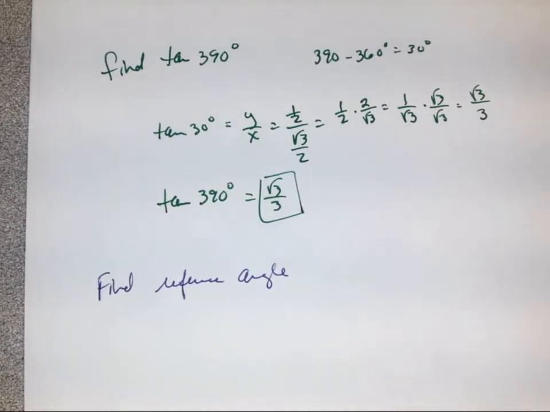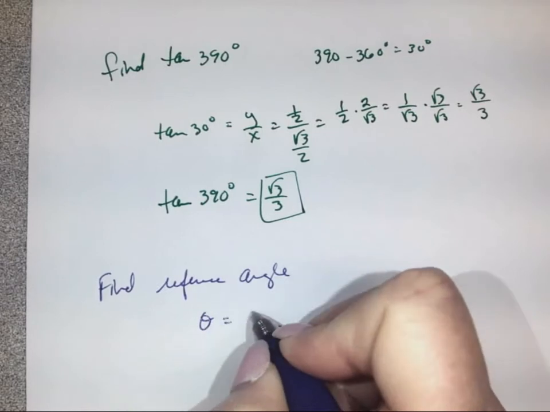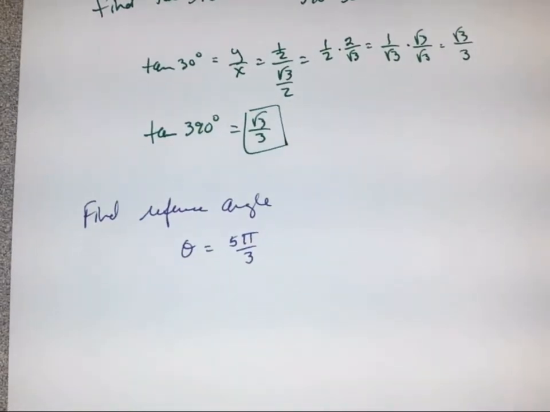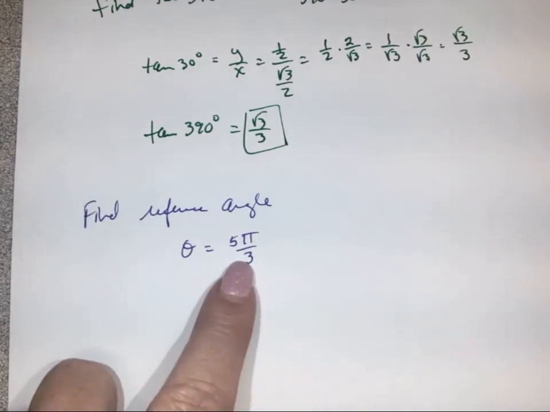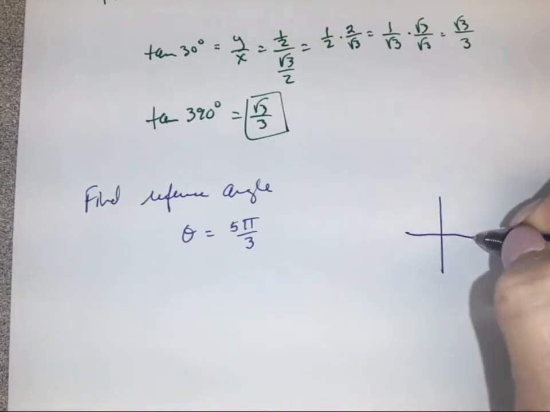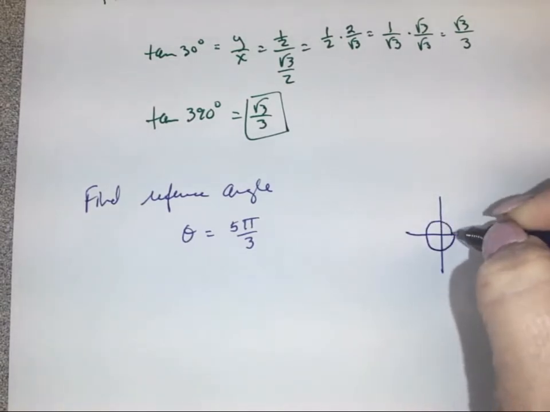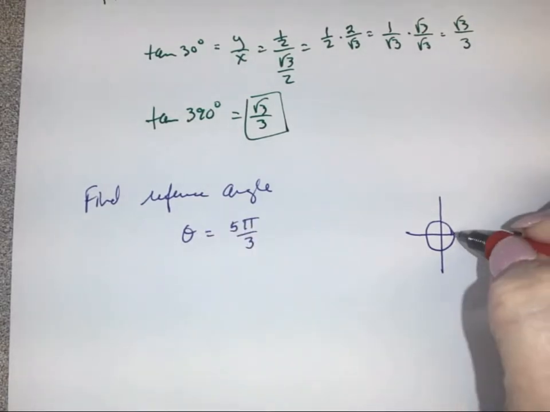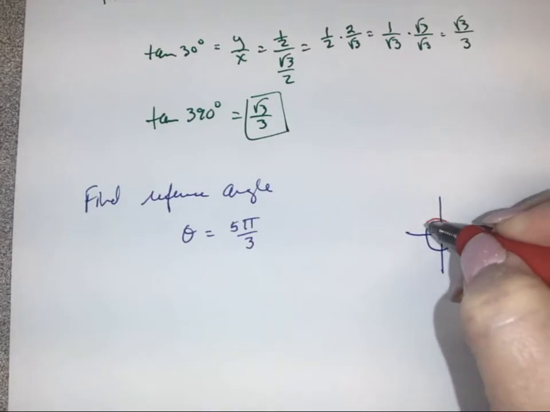So if we're looking at theta equal to 5 pi over 3, again, if we're looking at our unit circle, where do we land with 5 pi over 3? I'm just going to draw us a unit circle here. 3 pi over 3 would be over to here, right?